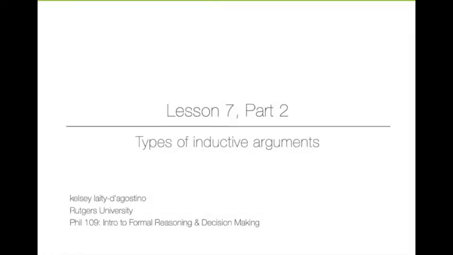With deductive arguments, we spent a lot of time rigorously symbolizing their form. It's not quite as easy to give the form of an inductive argument to evaluate its strength, but by looking at a few types of inductive arguments, we can begin to characterize what makes a stronger or weaker argument of each type.